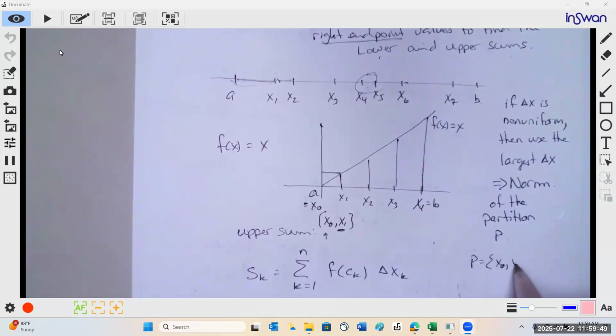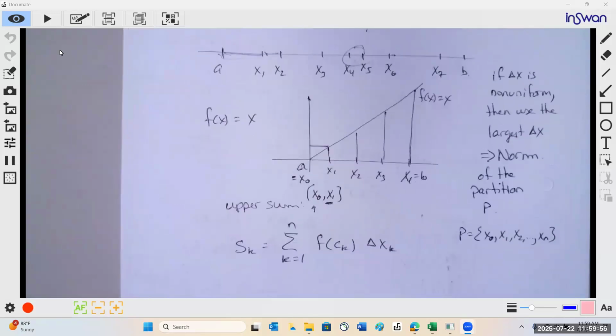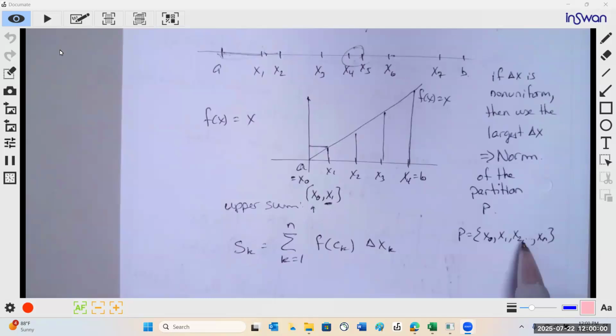It's all of your x values, because from your x values, you create the subintervals.